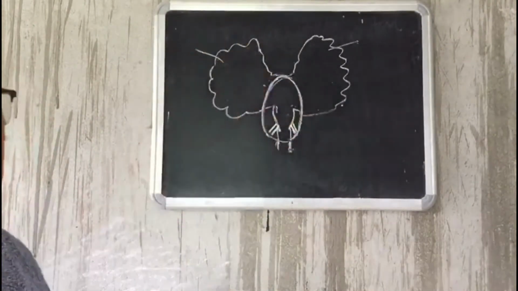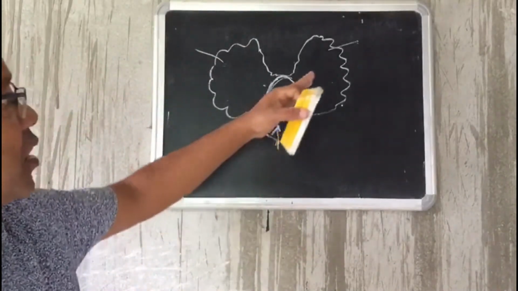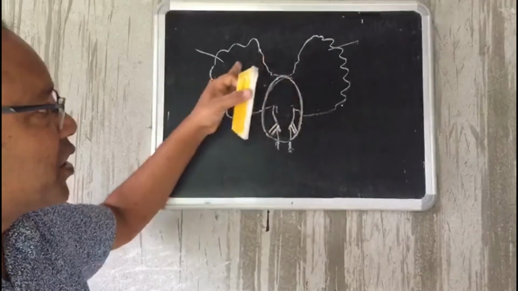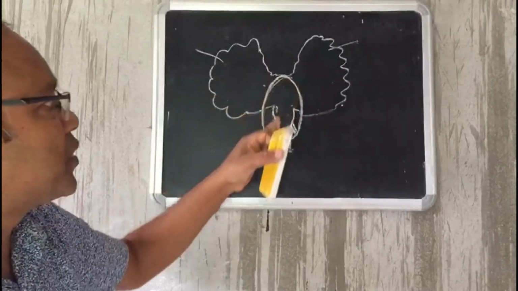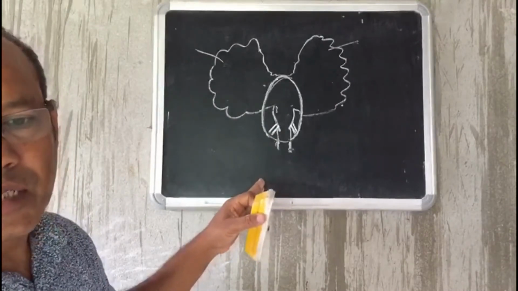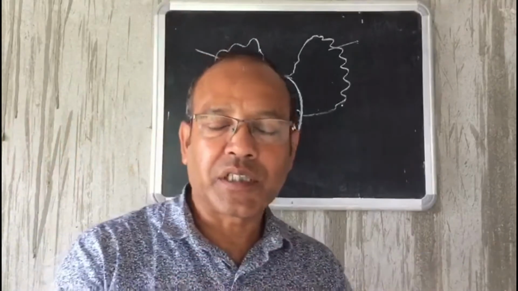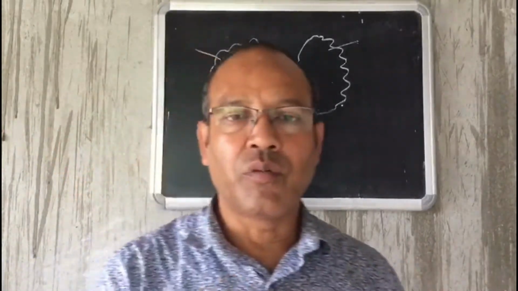This particular region is called the midbrain, and it basically connects the forebrain, that is the cerebrum, the thalamus and the hypothalamus, with the later part, that is the hindbrain. So it helps in connecting the hindbrain with the forebrain.